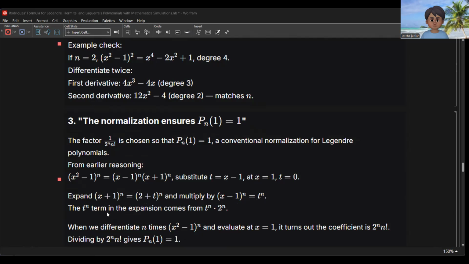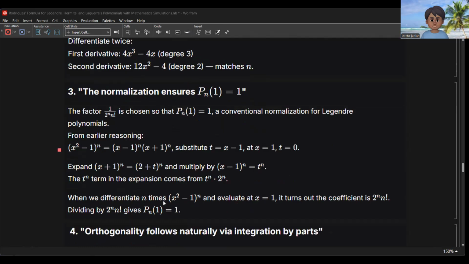The t to the n term in the expansion comes from 2 to the n times the t to the n, so this is the coefficient of t to the n. When we differentiate n times and evaluate at x equal to 1, the coefficient turns out to be 2 to the n times n factorial. Dividing by 2 to the n times n factorial gives 1.